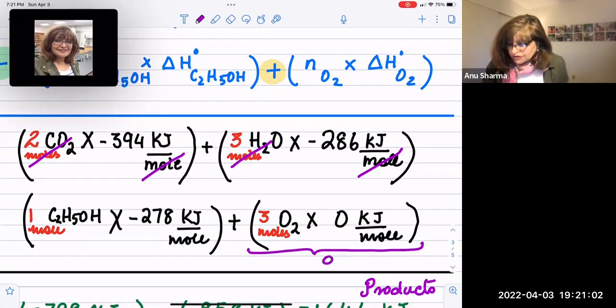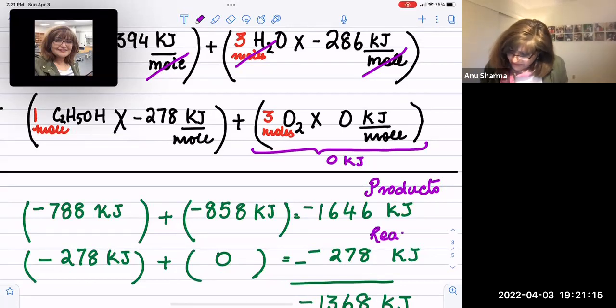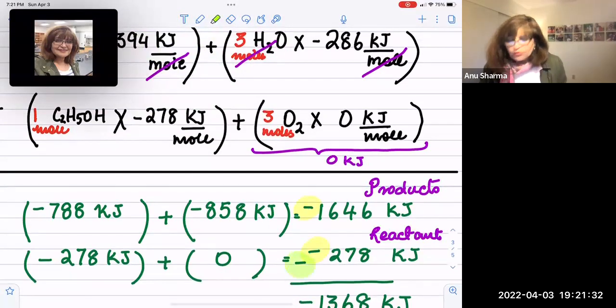This zeroes out, so that's 0 kilojoules. And for the ethanol, when you multiply, well, obviously 1, that's negative 278. So on the reactant side, you have negative 278, okay? Now, this whole thing has to be subtracted.